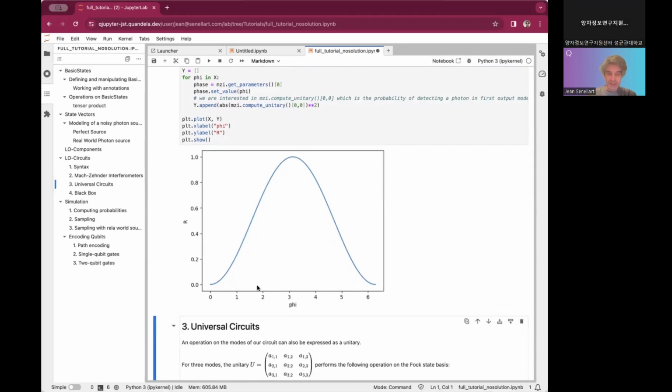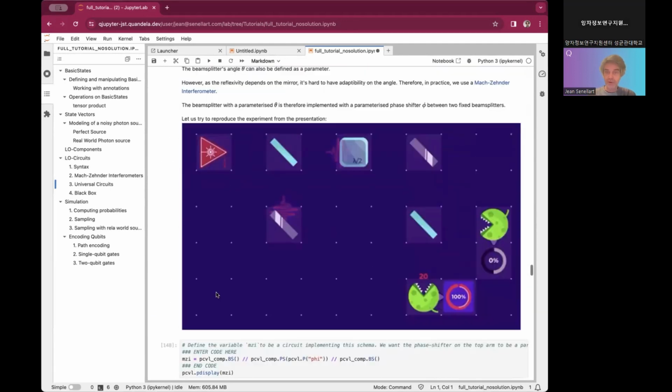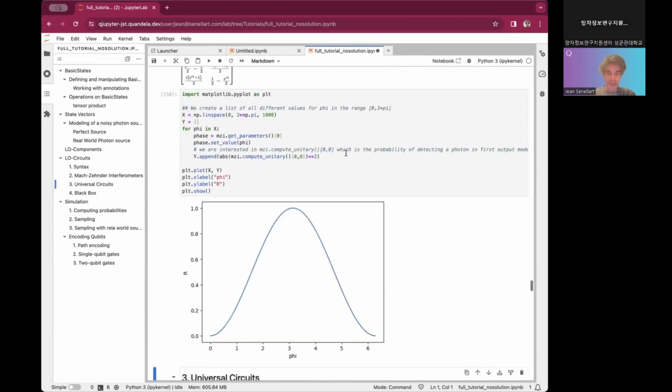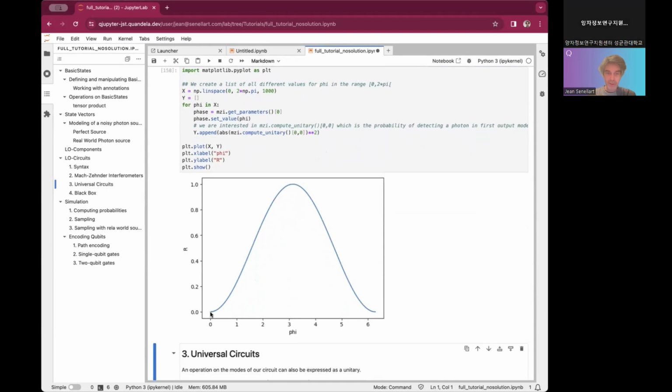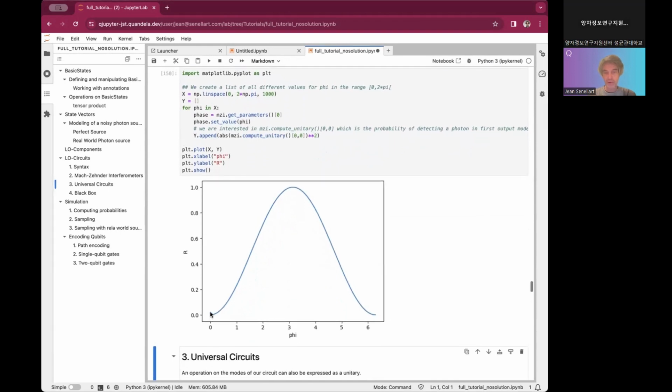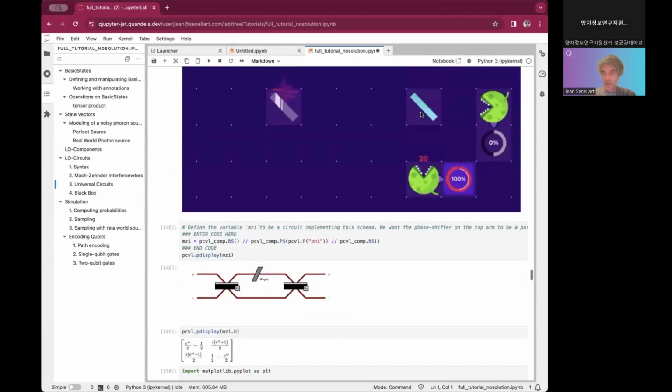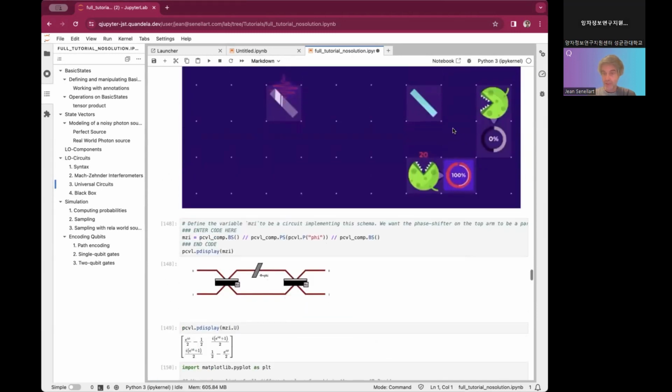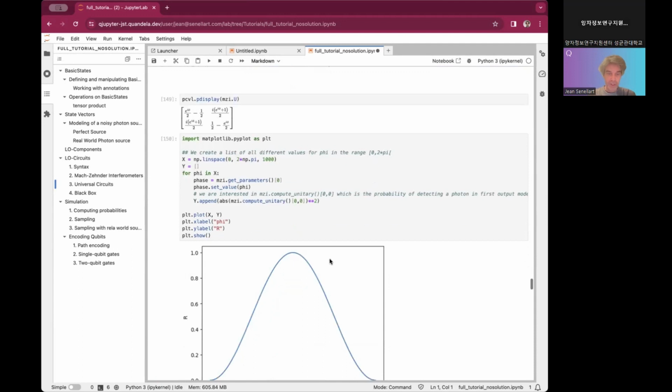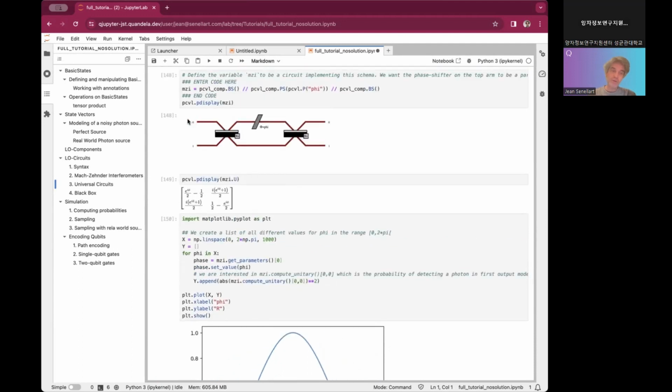So what does that mean? That means that when the phase is 0, so remember it is what we are trying to model, when the phase is 0, then the probability of getting the photon on the first detector is 0. So that means that when the phase is 0, the photon goes from this mode to this mode.